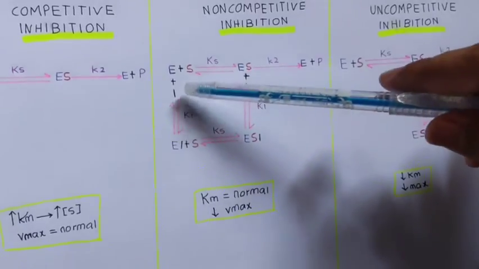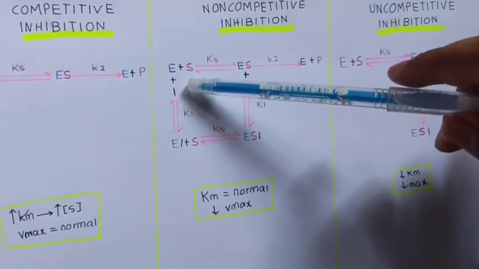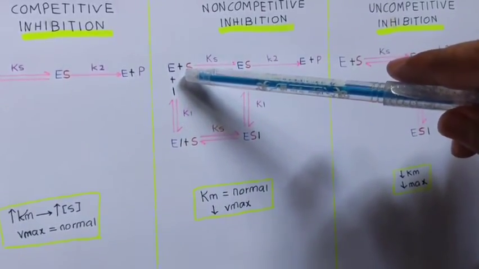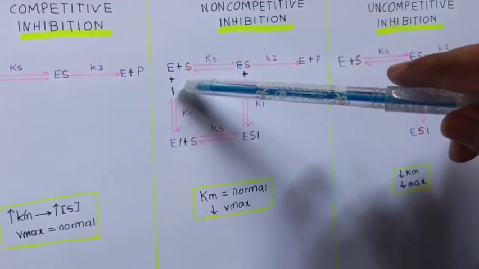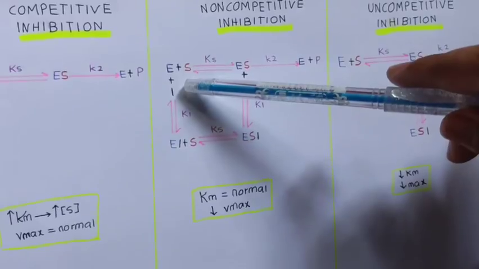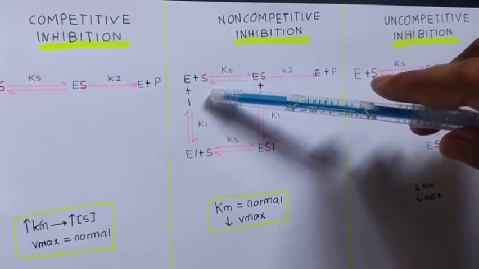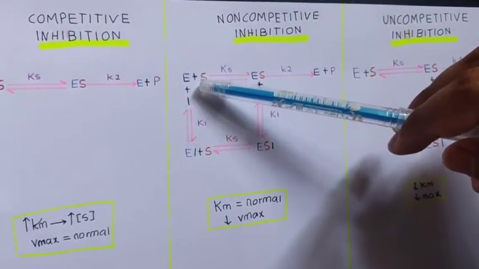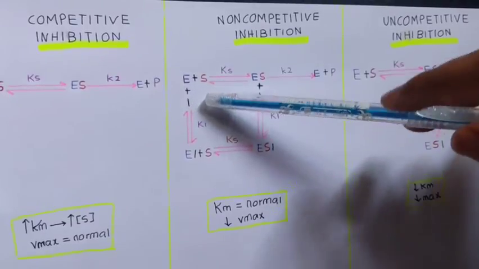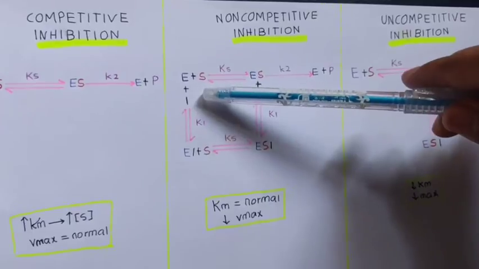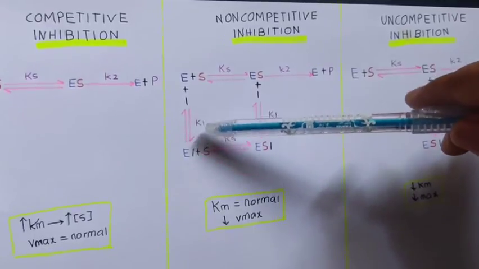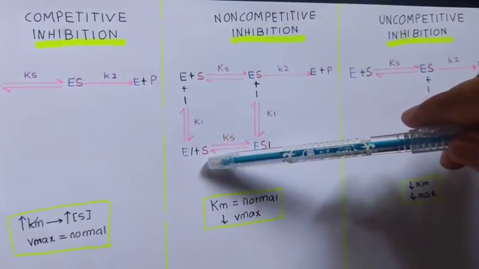Because when an inhibitor binds with the enzyme, it does not bind at the active site, but at the allosteric site. When the inhibitor binds at the allosteric site, the substrate can still bind at the active site of the enzyme, because it does not disturb the substrate.